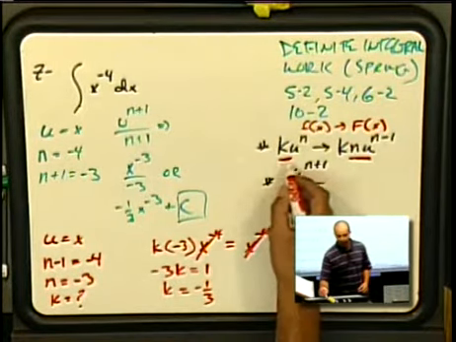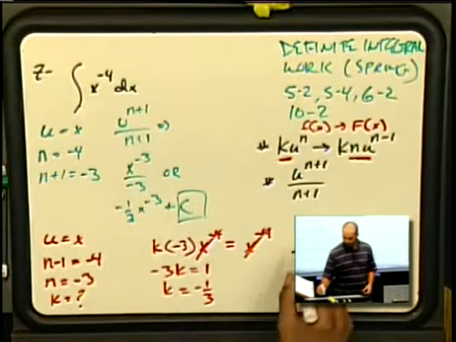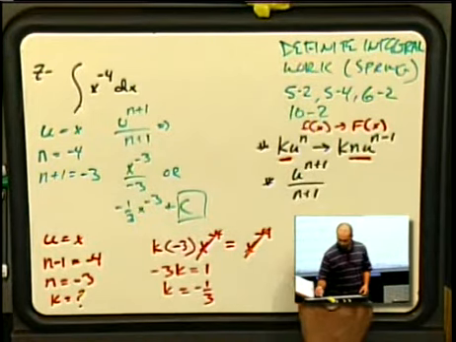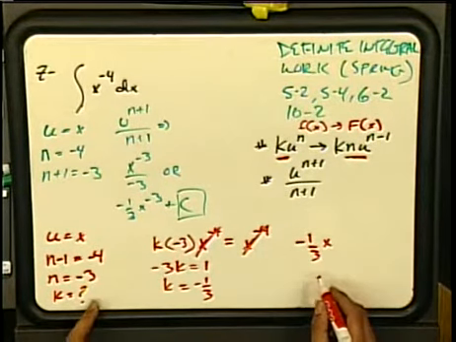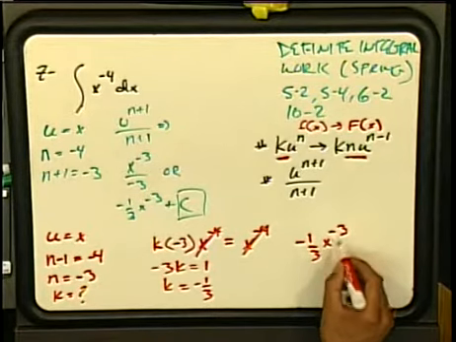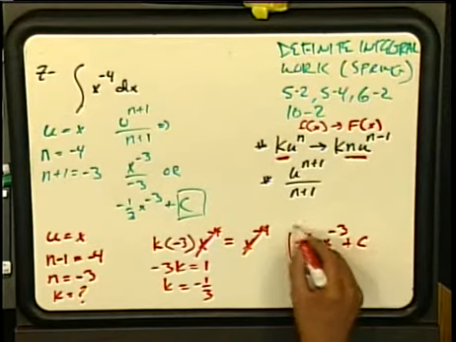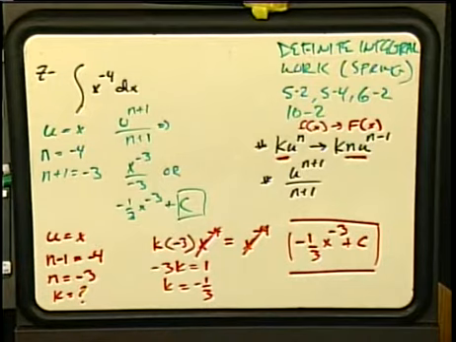And then write it back in this form right here: k equals -1/3, u equals x, n equals -3, plus c. You got that one?